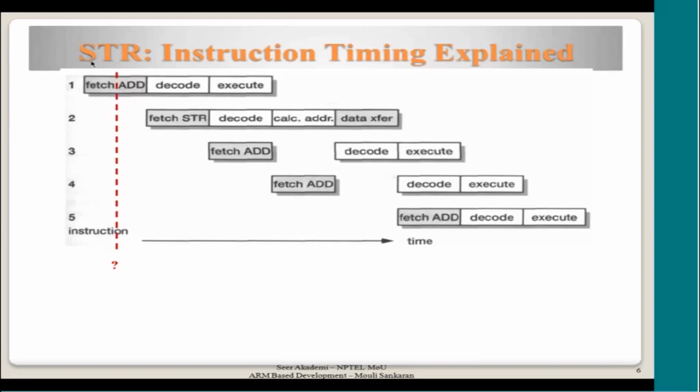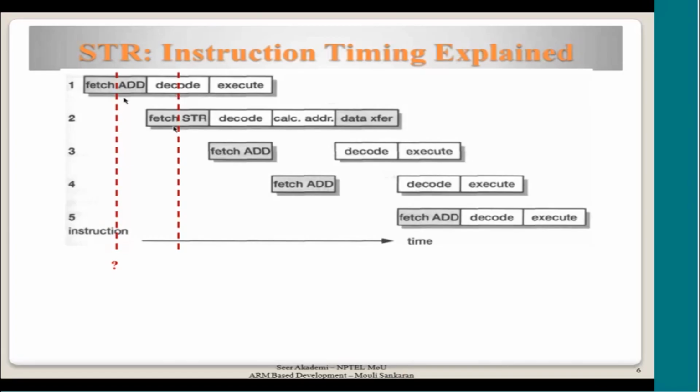In this case we can't predict it, because this instruction access could have been followed by another fetch, in which case it would be a sequential access, but it could have been followed by a data transfer, which means it will be a non-sequential access. So let us see what cycle this particular stage is going to take.